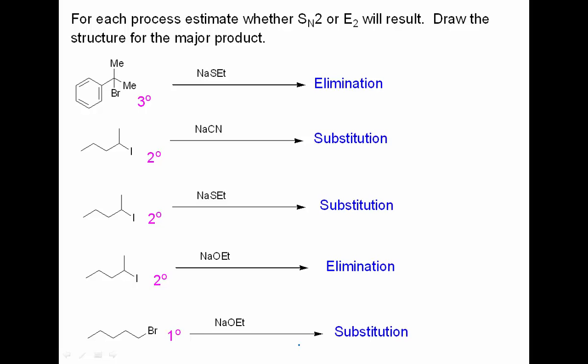The more basic species, shown here with sodium ethoxide, is going to give predominantly the elimination product. And finally, the primary halide with the same nucleophile is going to lead to the substitution product over here. So these are the predicted products of these reactions.